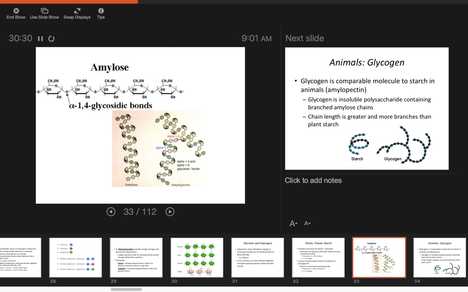Oh, they have it counted differently. Okay, so actually they count it backwards. My bad. 1, 2, 3, 4, 5, 6. So over here would be 1, 2, 3, 4, 5, 6. Okay, so here's the 1, here's the 4. Both glucose molecules are upright. The bond is between the 1 carbon on this side and the 4 carbon on the other monosaccharide. So there we go, and you could do that for all of that.